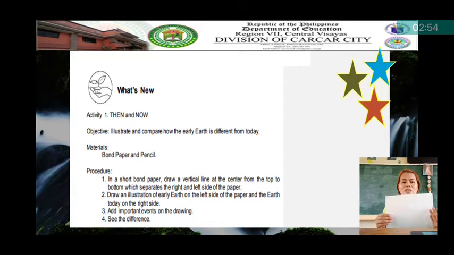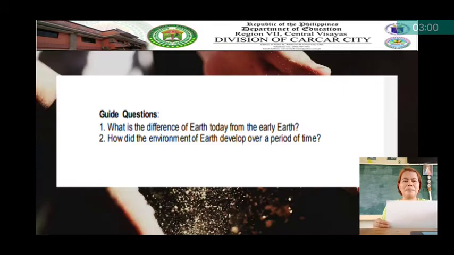After that, see the difference. After doing the activity, there are 2 questions that you're going to answer. What is the difference of Earth today from the early Earth? How did the environment of Earth develop over a period of time?